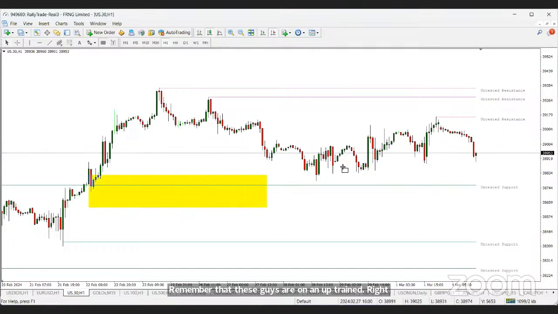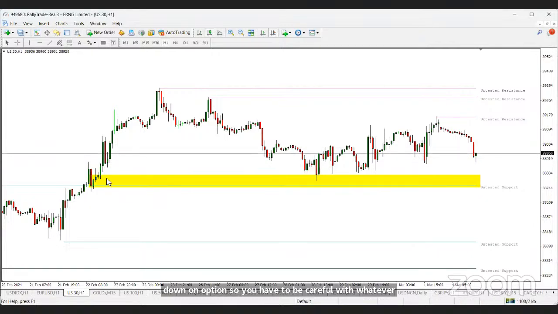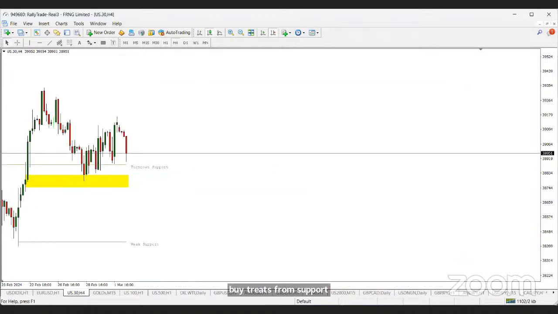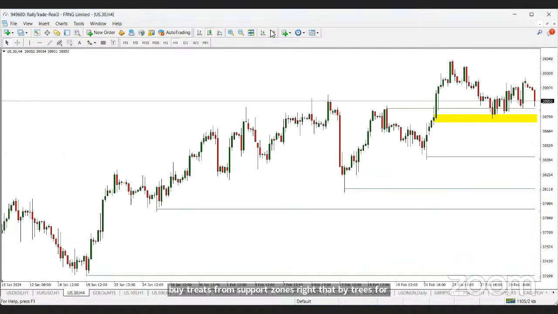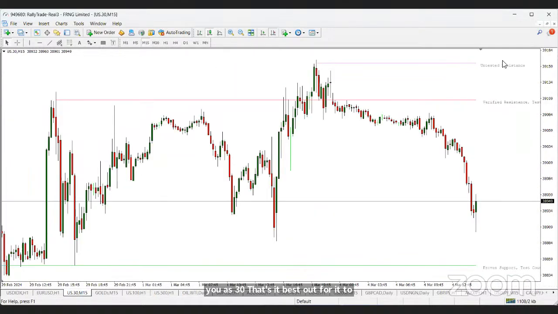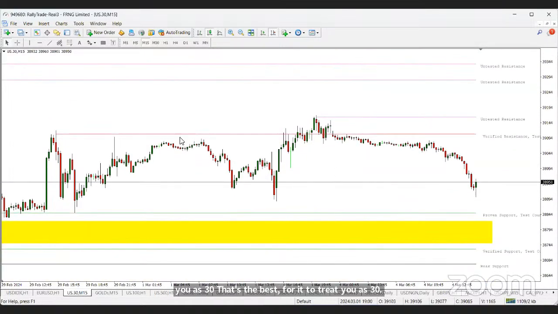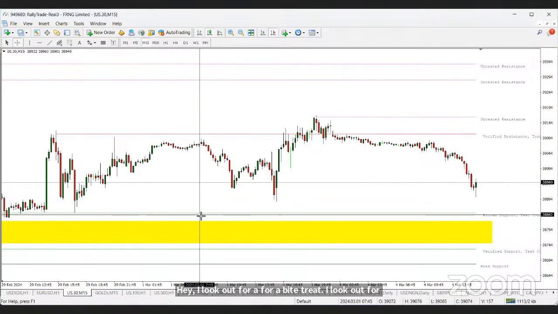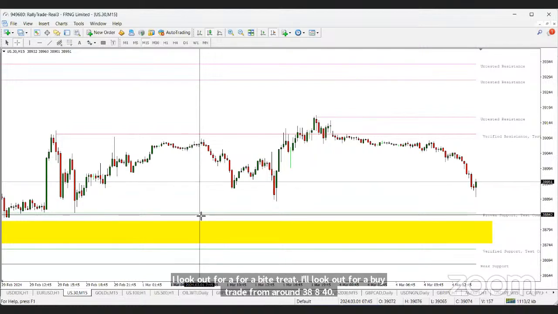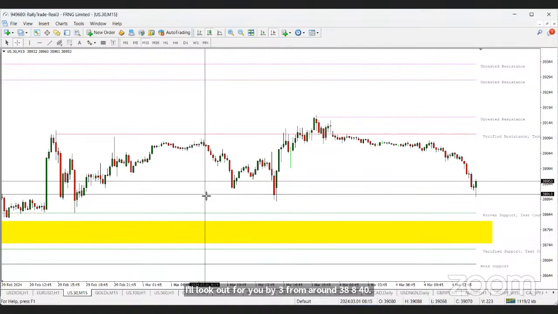The best position to take for these guys are buy trades from support zones, right? That is the best way that I will trade US30. If I were to trade US30, I will look out for a buy trade from around 38,840, and I'll take profit at around 38,900.